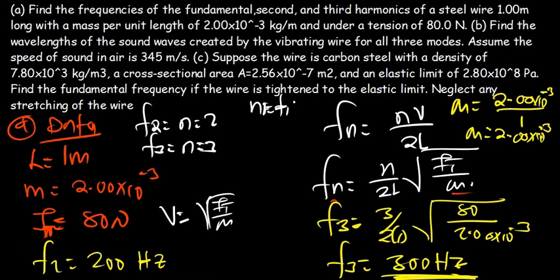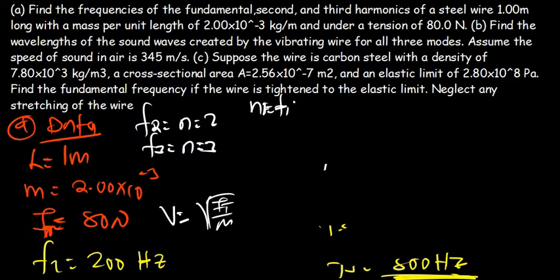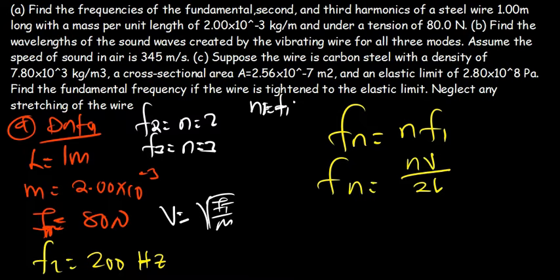Now I can also use another formula. Like I said, I gave you two formulas. You can also use this formula to find the fundamental frequency. Fn is given by n times f1, meaning for this one you first need to find the first fundamental frequency. Since Fn is given by nv divided by 2l, n is equal to 1, 2l is 2.